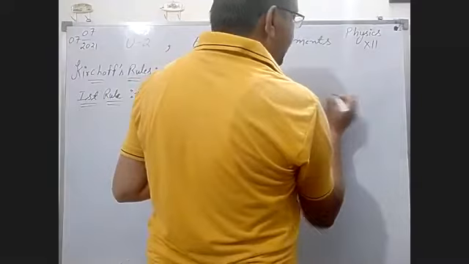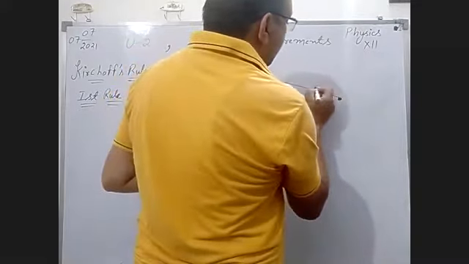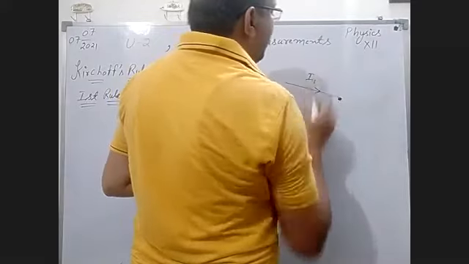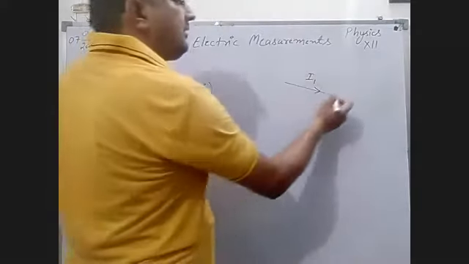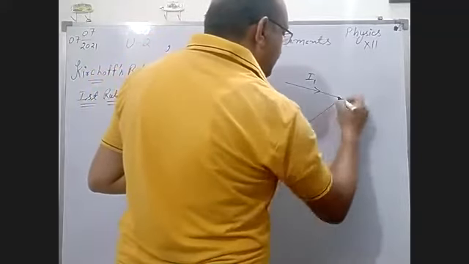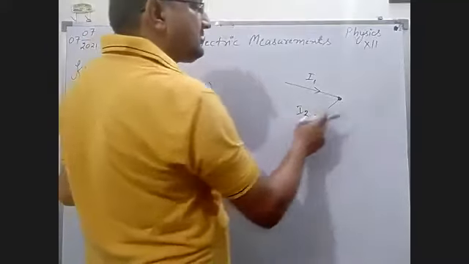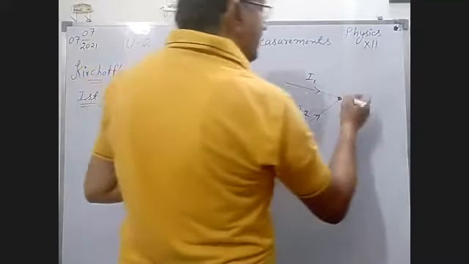this is a point in an electric circuit. You can say one current I1 moves towards this point. Suppose this is another current I2. This is also moved towards it.